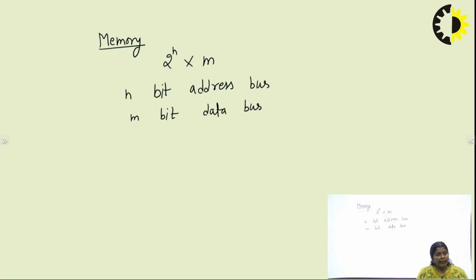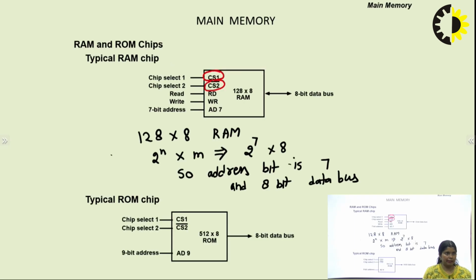Any memory, whether auxiliary memory, virtual memory or main memory, we can denote with the notation 2 to the power n into m, where n is the n-bit address bus and m is the m-bit data bus, which can be unidirectional or bidirectional.